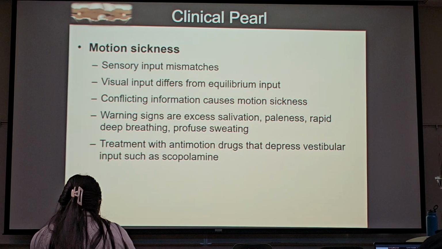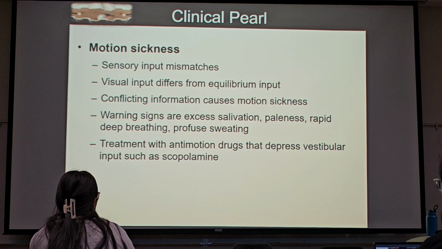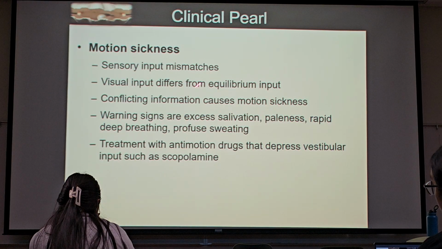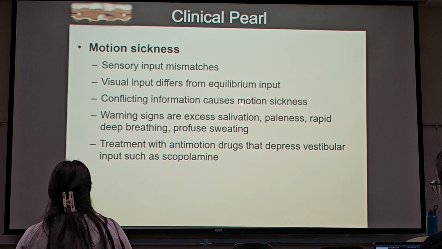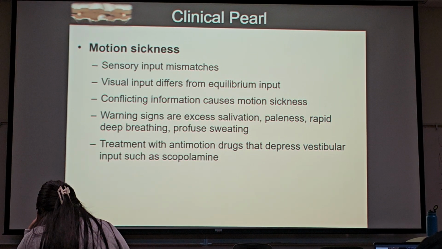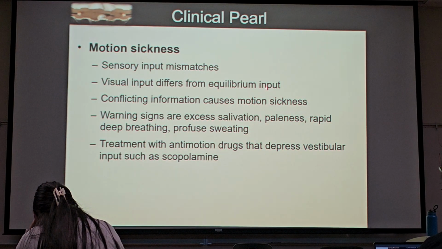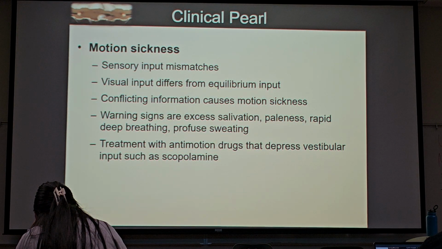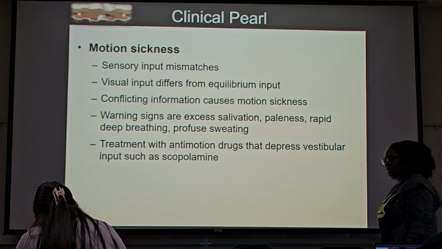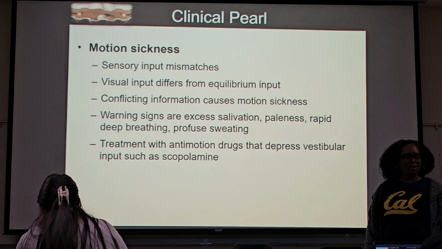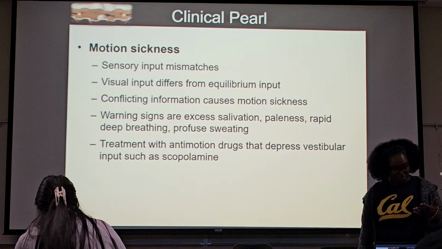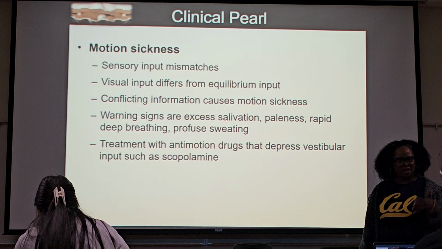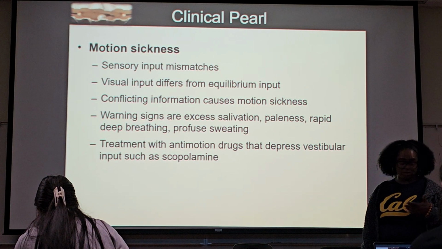Motion sickness. If when we have these sensory mismatches, okay, our visual input is differing from our equilibrium input. So one example is if you're in a car, but you're looking down, like reading or something, right? You're not looking at the road, you're just looking down.